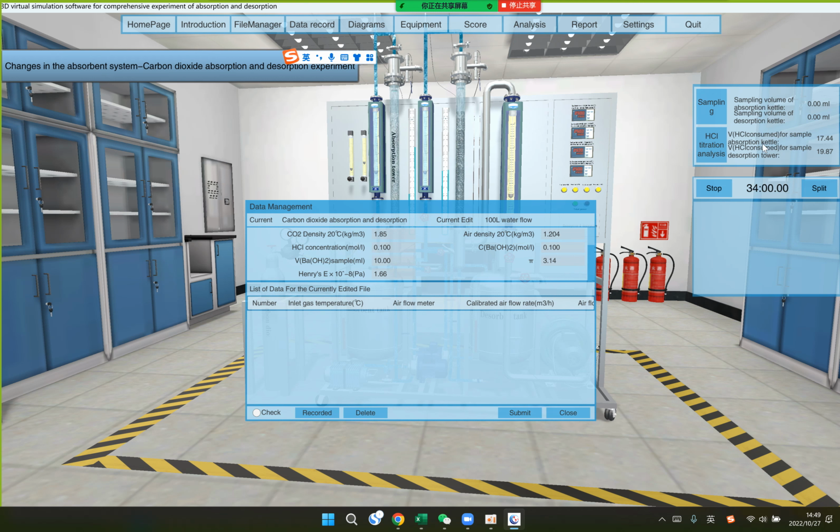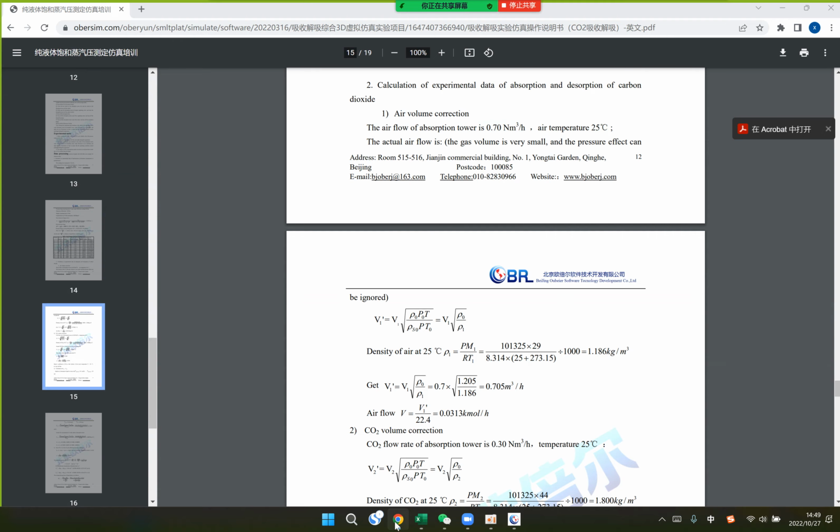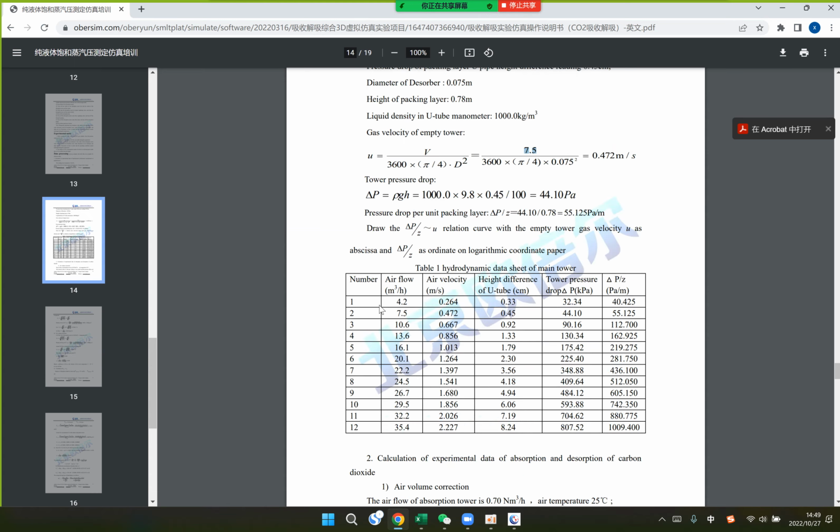So what is this value used for? You may follow the steps in the guidance.